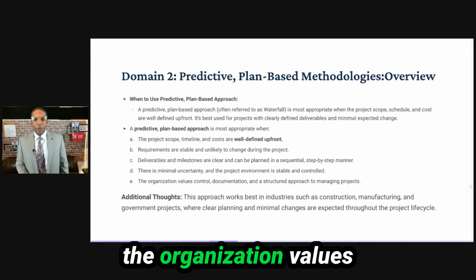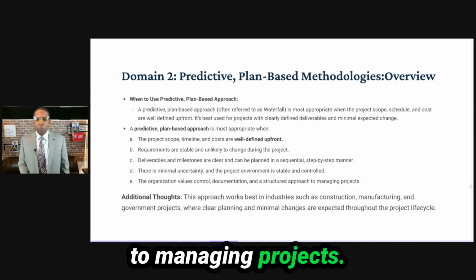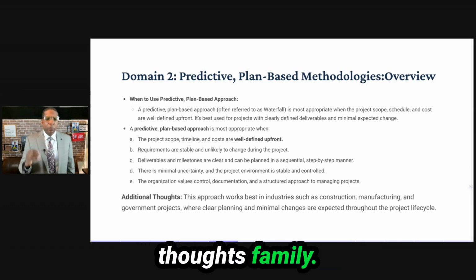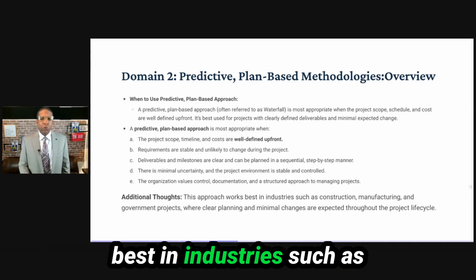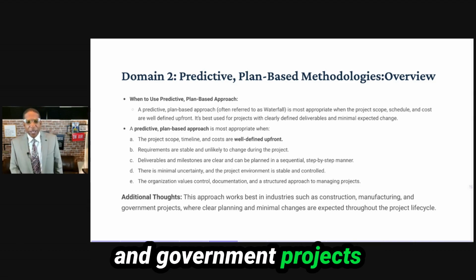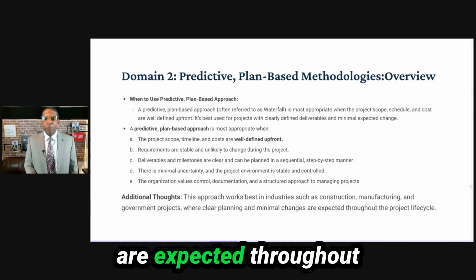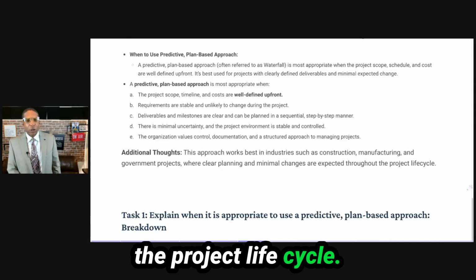The organization values control, documentation, and a structured approach to managing projects. Here are my additional thoughts, family. This approach works best in industries such as construction, manufacturing, and government projects where clear planning and minimum changes are expected throughout the project life cycle.